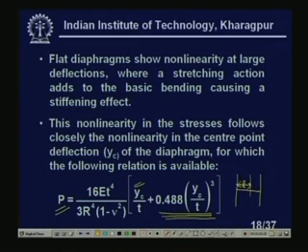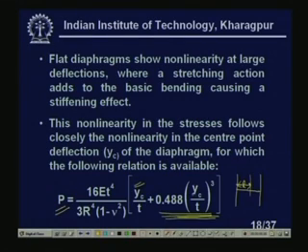That means this part should be very, very small compared to this part. You can see very easily, if YC is very, very small compared to T, we can neglect this part, so nonlinearity will be less. If YC is higher, then the nonlinearity will be higher, and we cannot neglect this term.